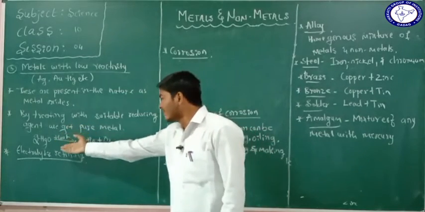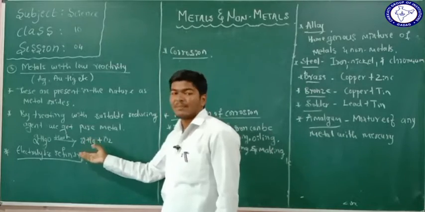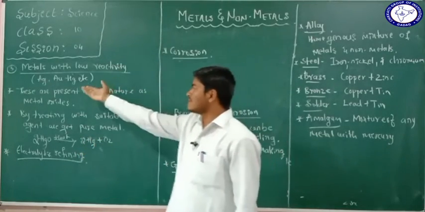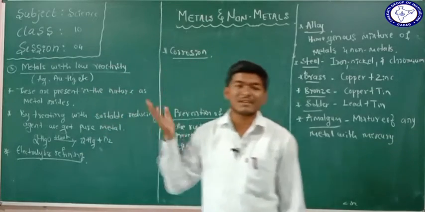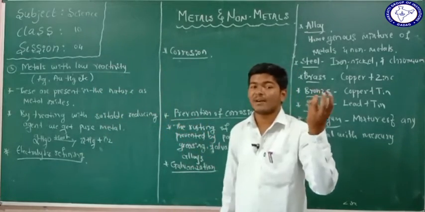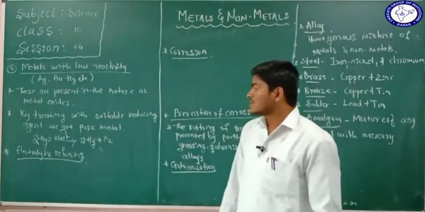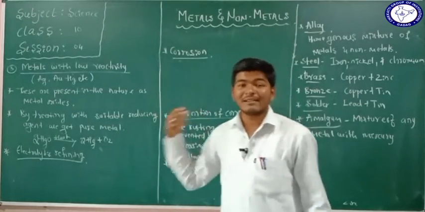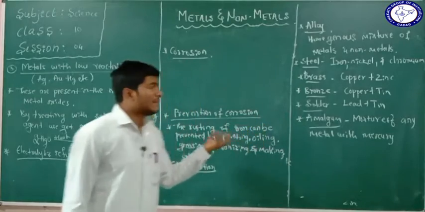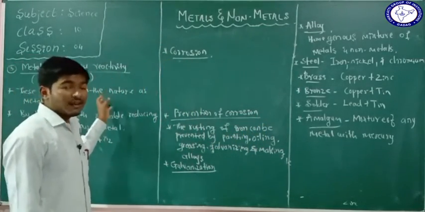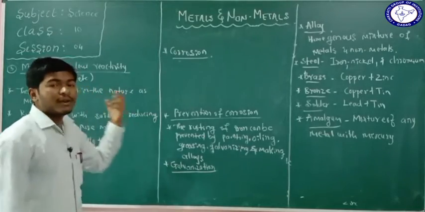When we heat it, we get the separate mercury and the oxygen will be released. So therefore the metals with low reactivity which are present in nature are present in the form of oxide ore. It is very easy to get the metals from oxide ore. So we get the metals from all three types here: the metals with high reactivity, the metals with low reactivity, and the metals with medium reactivity.